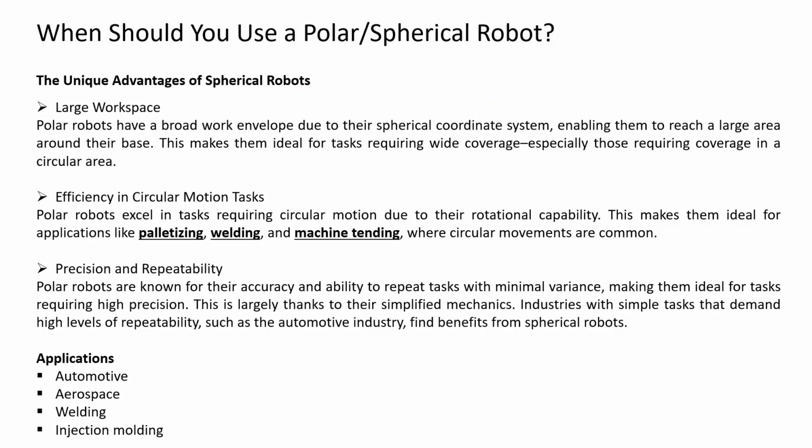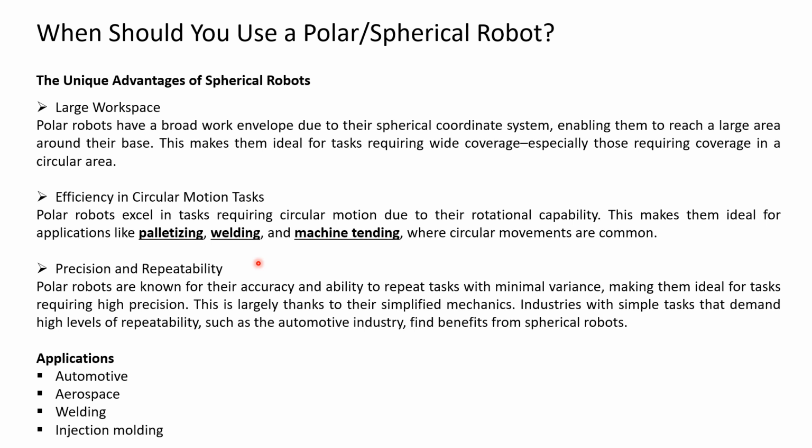So when should we use the polar spherical robots? What are its unique advantages? So they have a large workspace. Polar robots have a broad work envelope because of the spherical coordinate system. So this is one kind of advantage. Then they have efficiency in circular motion tasks.